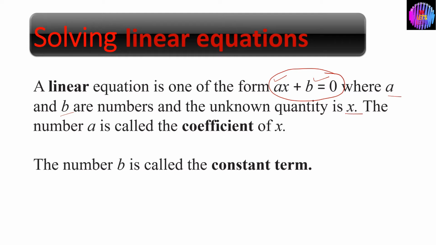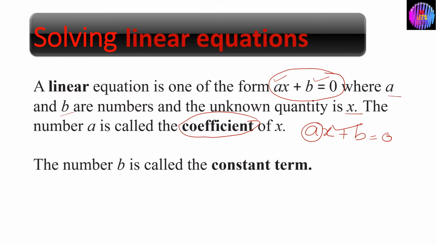Here the number a is called the coefficient of x. Ax plus b equal to 0 is the form of a linear equation, and here a is the coefficient of x.